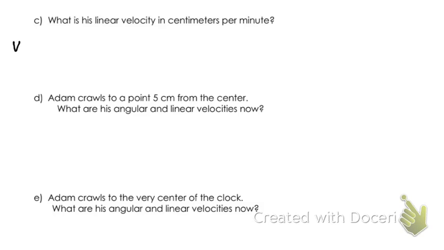So we're going to go with our linear velocity equals our radius times our angular velocity. In this case, we said the radius is 12 centimeters times, and we are going to have our 2 pi from up above. In fact, let's do it like this, 2 pi radians per 1 minute. Now, here's what's happening here, because we're going to be left with centimeters.